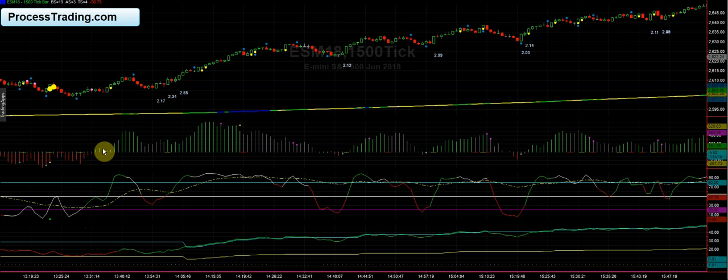So we have the Intergy turning positive right here at the same time that momentum is turning up and crossing through the cinnamon line, and cinnamon is starting to come up from the lower bound of the oscillator as well.